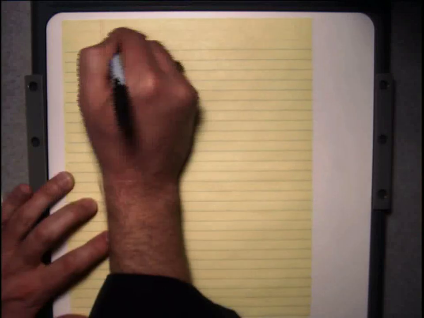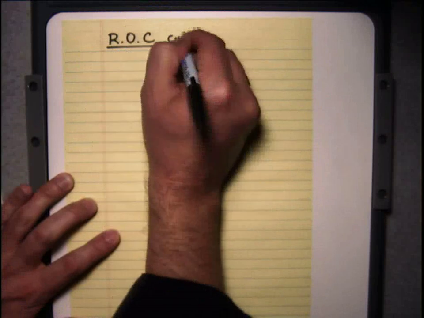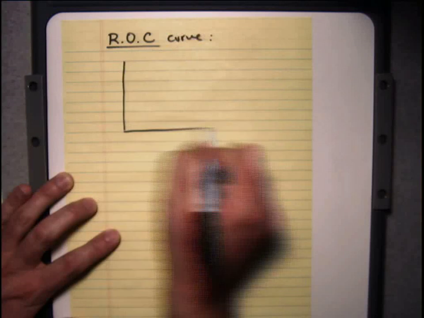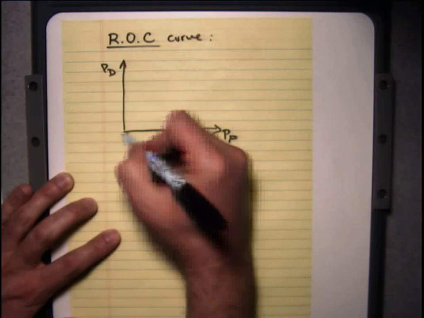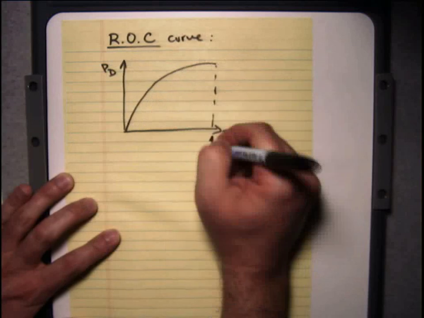Okay, so now let's go back and talk a little bit more about this receiver operating curve, which we've discussed before. This is the ROC curve. Okay, so as I said, these ROC curves typically look like this. And this value is 1.